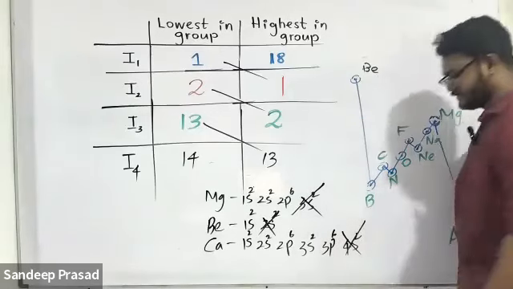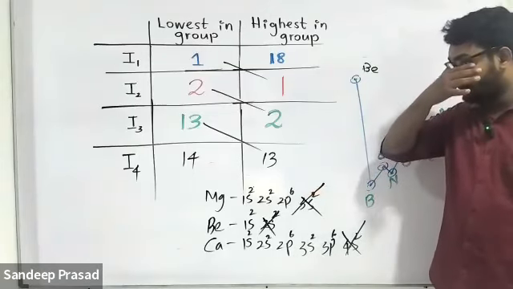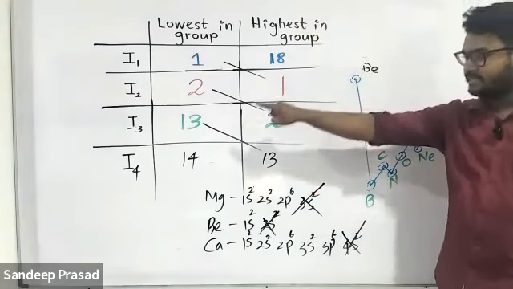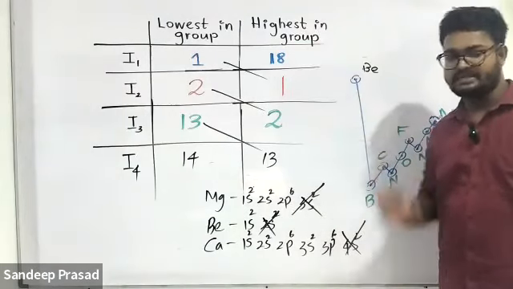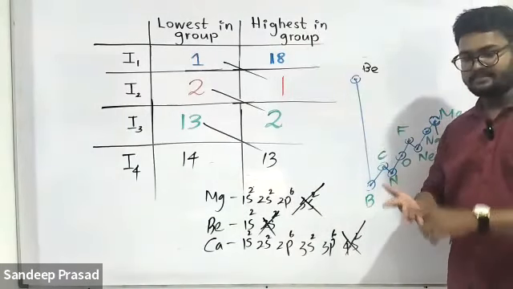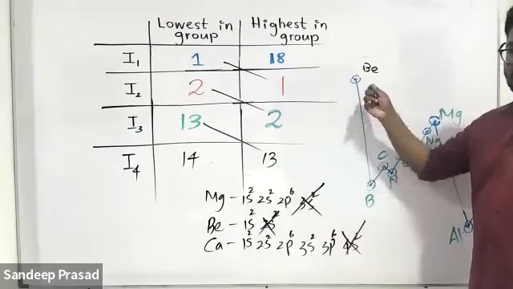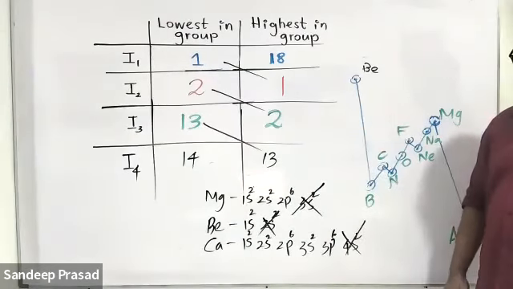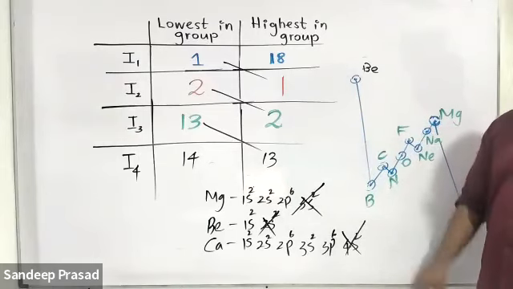After removing two electrons, removing the third electron is very difficult. That's why I told you the highest third ionization energies belong to beryllium, magnesium, calcium. Among them, beryllium has the highest because the radius is very low.